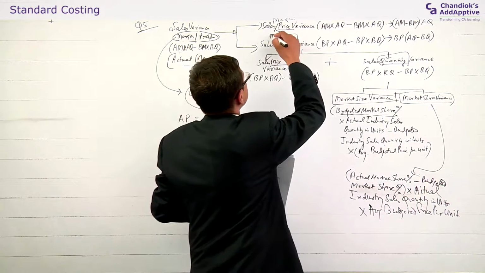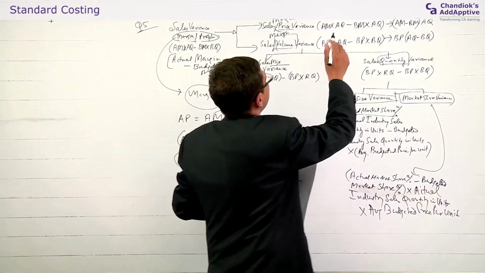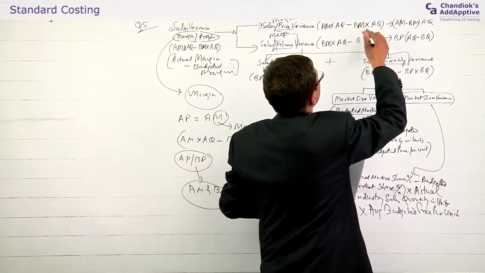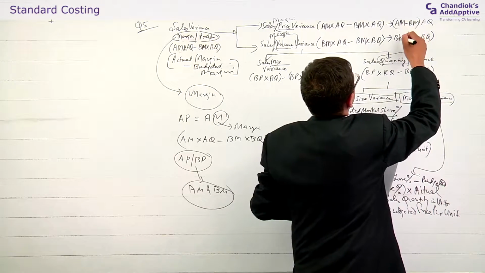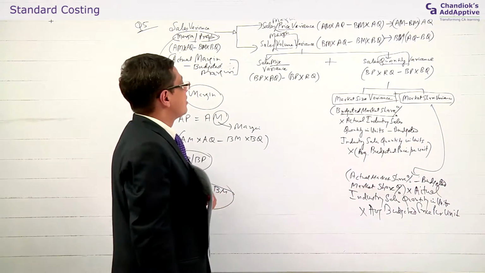In case of sales margin volume variance, this is BM, BM, BM, right?